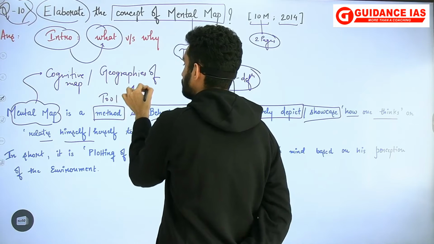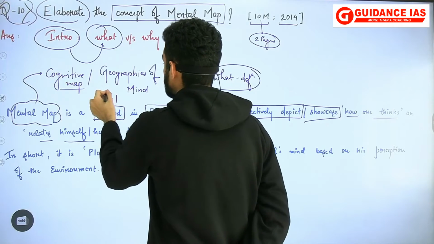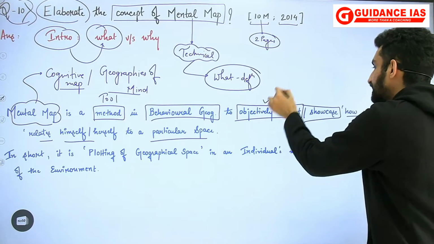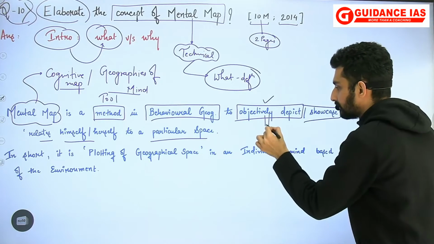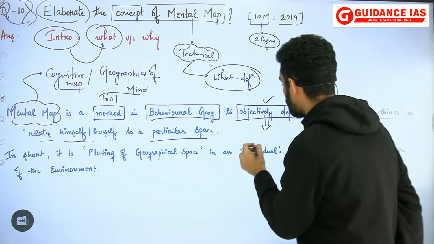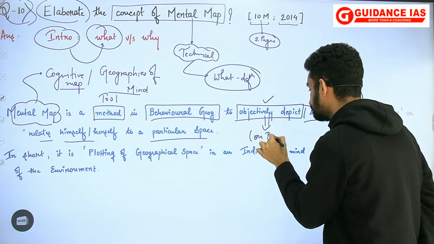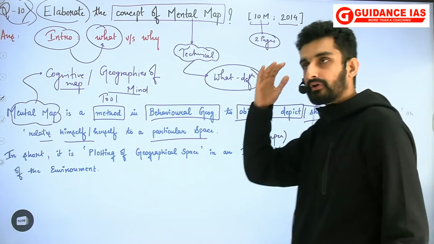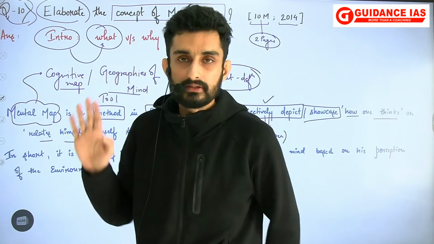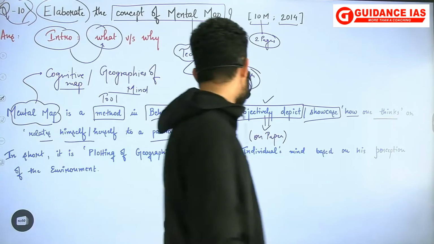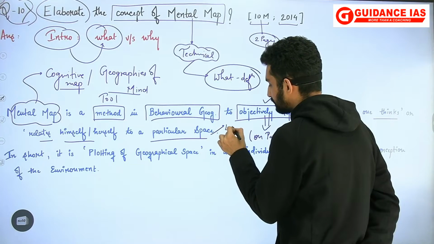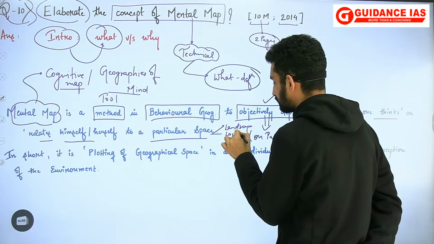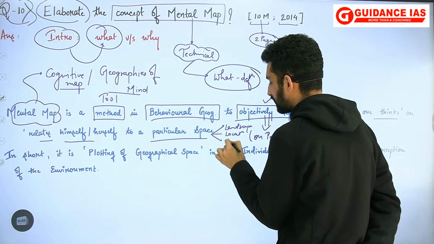So you can write that mental map, also called as cognitive map or geographies of mind, is a method or a tool in behavioral geography to objectively depict, to objectively put the aspect of space on paper, ठीक है, or to objectively showcase how one thinks or relates himself or herself to a particular what space. And this space can be your landscape, can be your location, or can be your what, the aspect of place.